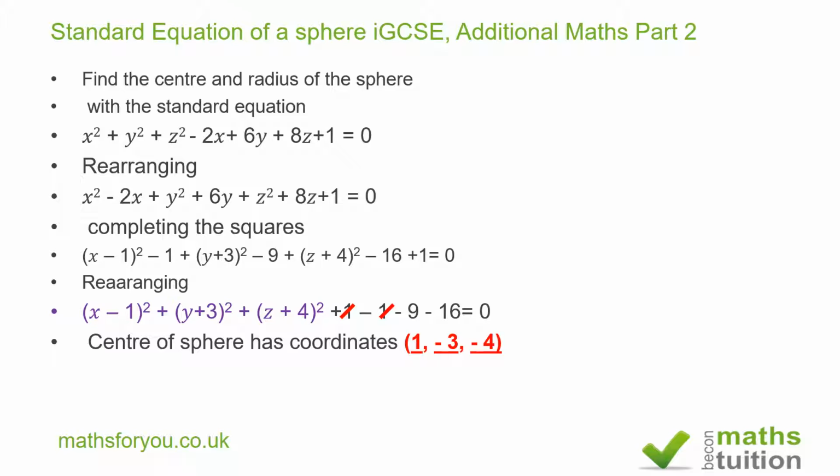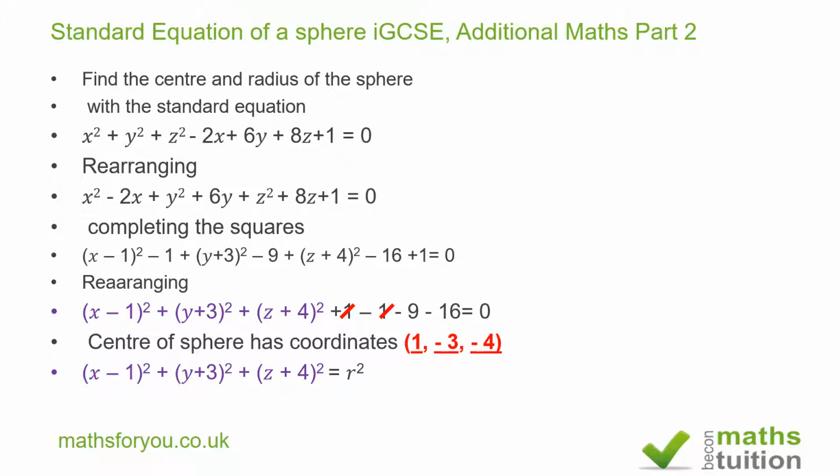Moving on. Again, as I said earlier, this bit here is equivalent to the radius squared. So x minus 1 all squared plus y plus 3 all squared plus z plus 4 all squared is equal to r squared.